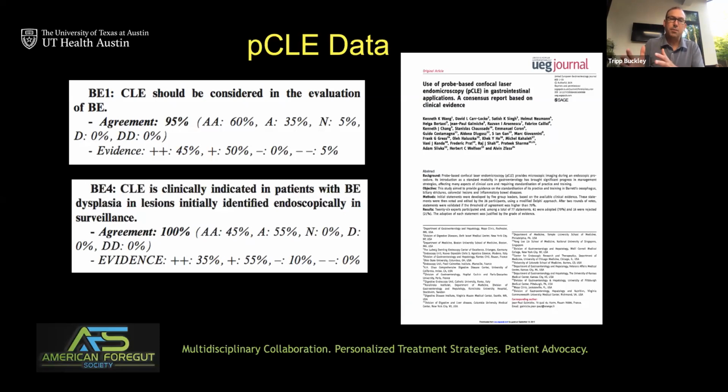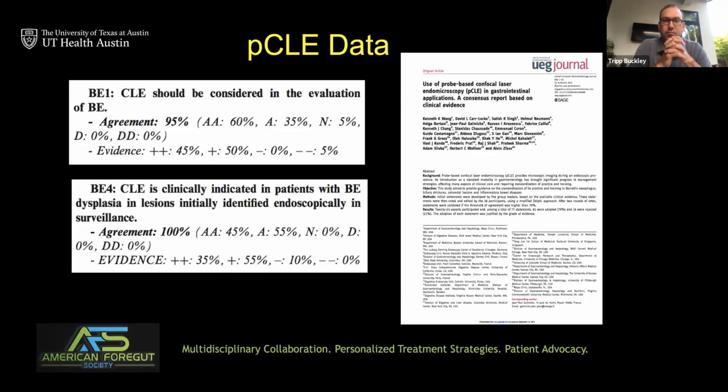And I think when you talk about ablating Barrett's esophagus, it's an extremely powerful tool to identify whether you need to go back and continue ablation. So if you're going back for a second look, you can use optical endomicroscopy in real time to decide where you're going to ablate, do you need to ablate, et cetera.